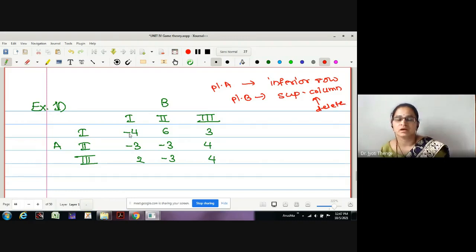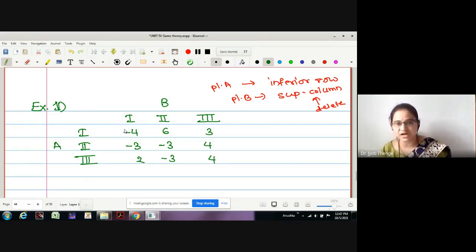Now first we will check for columns. Compare these columns: -4, -3, 2; 6, -3, -3; 3, 4, 4. Here the entries of the third column are all positive. Therefore, we will check whether it is going to dominate some other column. Does it dominate the second column? No, because 6 is not less than or equal to 3.